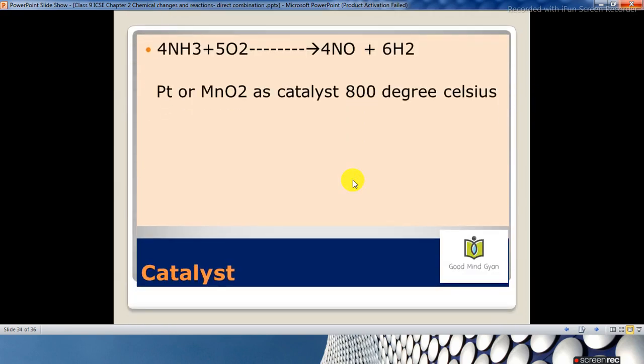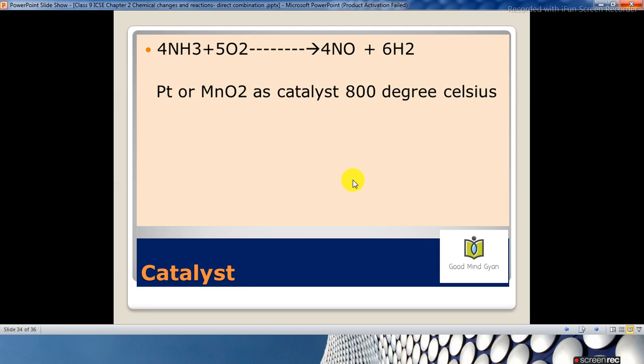Next comes a catalyst. What is a catalyst? A catalyst is a substance which does not take part in a chemical reaction, but it helps the reaction to take place faster or slower. It means it helps in the rate of the reaction, maybe fast or it can make the reaction slow. So here, when ammonia is combining with oxygen, you get nitric oxide and hydrogen.